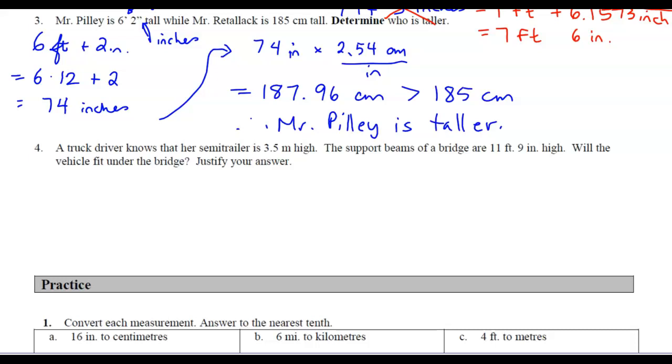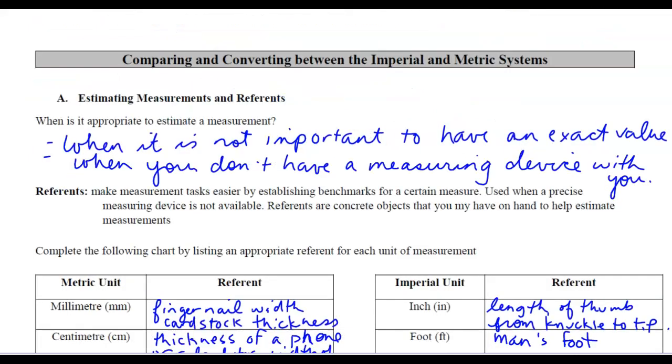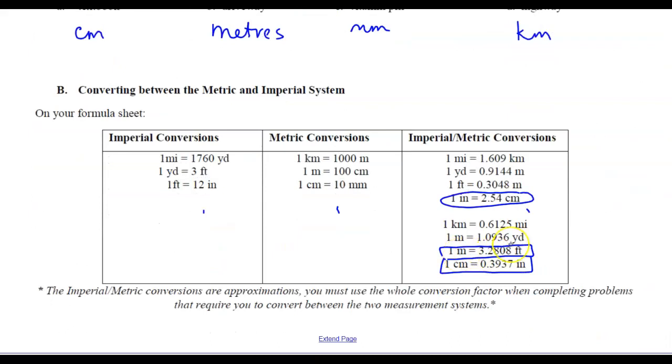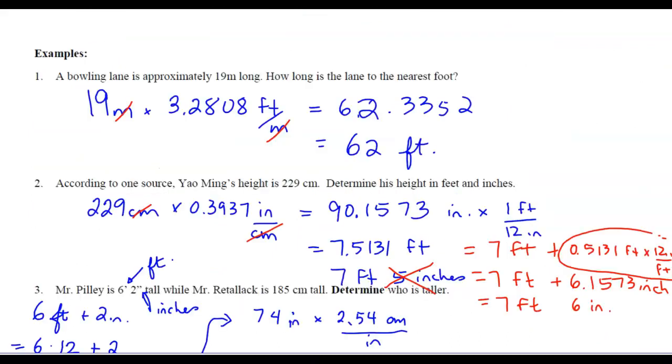So the last one I did from feet and inches to centimeters. How about now I go from meters to feet and inches? So 3.5 meters. Let's go to feet. So back, meters to feet, 3.2808.